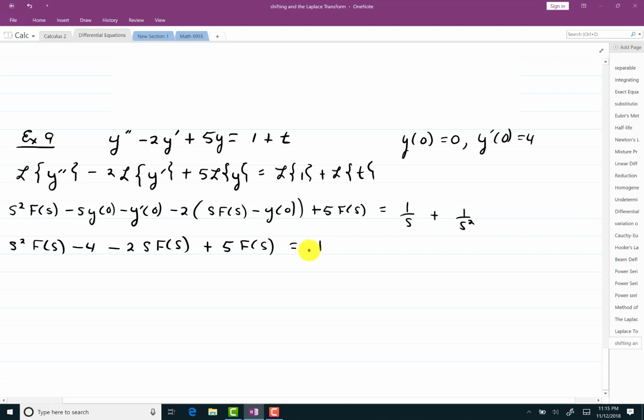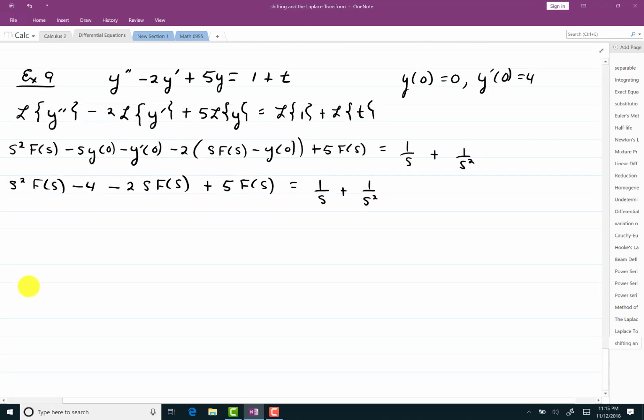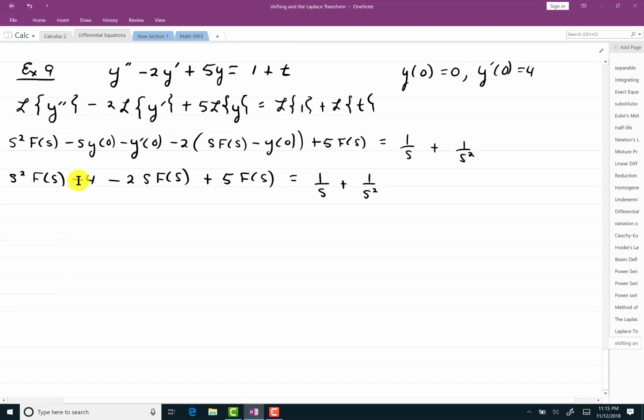And that equals 1 over s plus 1 over s squared. So let me go ahead and add this 4 to each side. On the left, then, I'll have s squared minus 2s plus 5 times capital F of s. And on the right, I'll have 1 over s plus 1 over s squared minus 4.